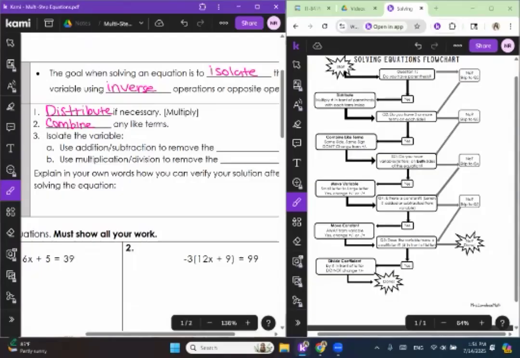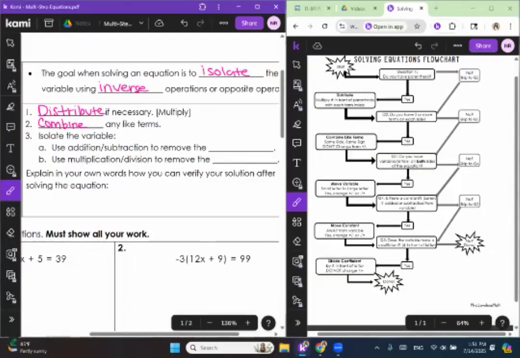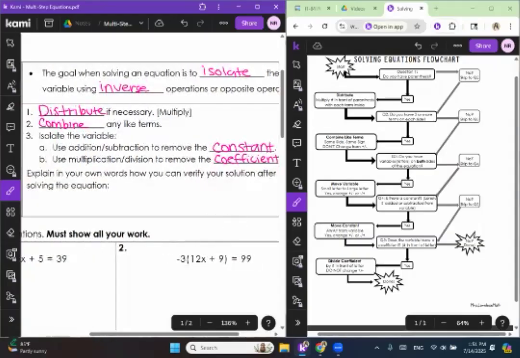So just going back to the two-step equation lesson, when you're working out a two-step equation, you want to add or subtract the constant before you multiply or divide the coefficient. Now, I will say that 95% of the time, the last step is going to be divide. Explain in your own words how you can verify your solution after solving the equation.